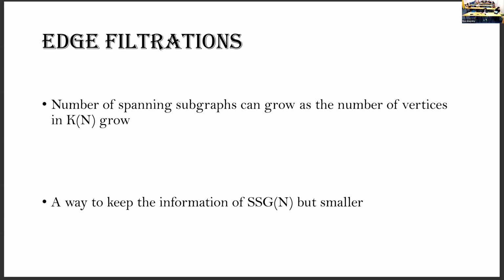To encode millions, if not billions, of graphs into a computer is a time-consuming process, and it requires a lot of the computer's resources. So we need some miracle to reduce the size of graphs in SSGN, but still keep the topological information of the graphs from SSGN. There are 2 ways in which we can do this.